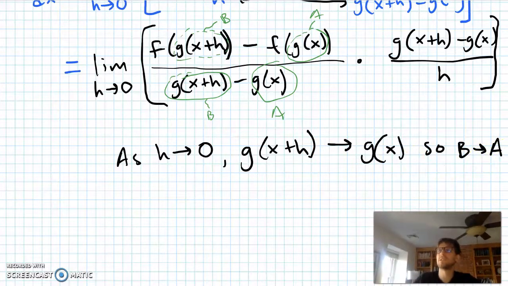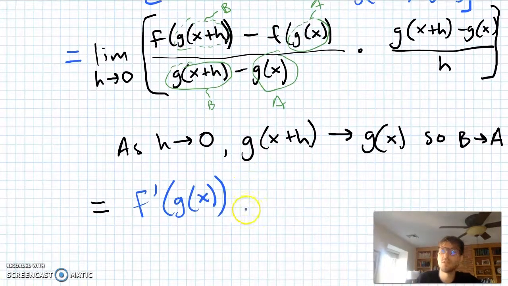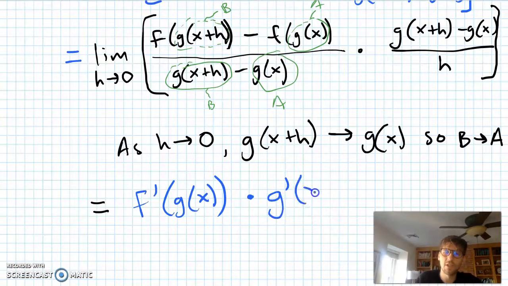And now we can see that this is just f prime of g of x, that's what this derivative is, times, well, what is this? That's just the derivative of the interior function.